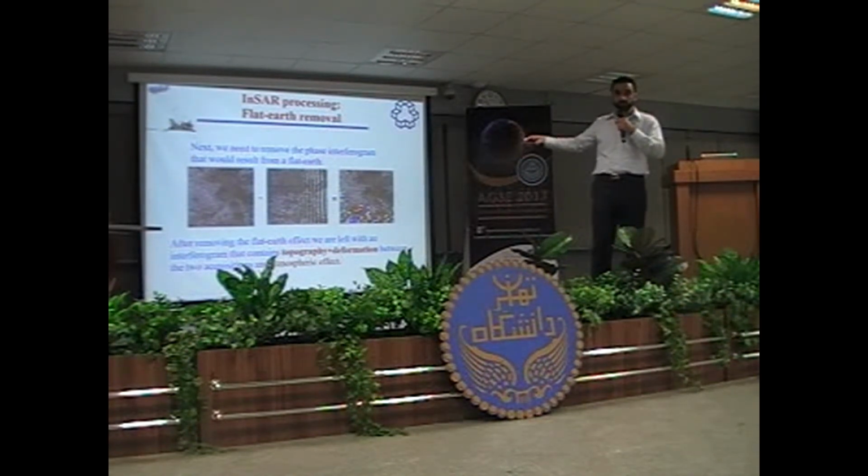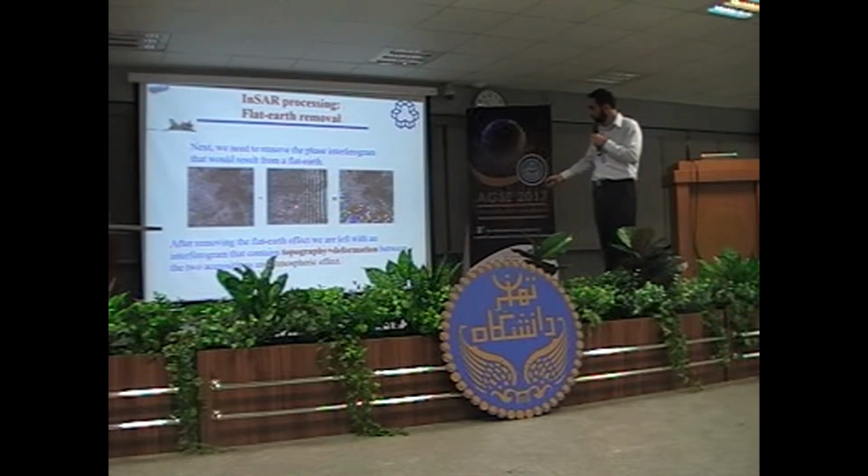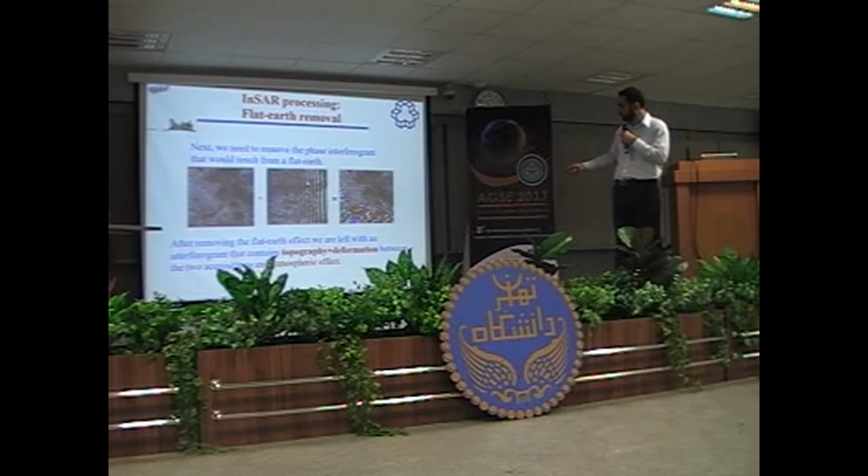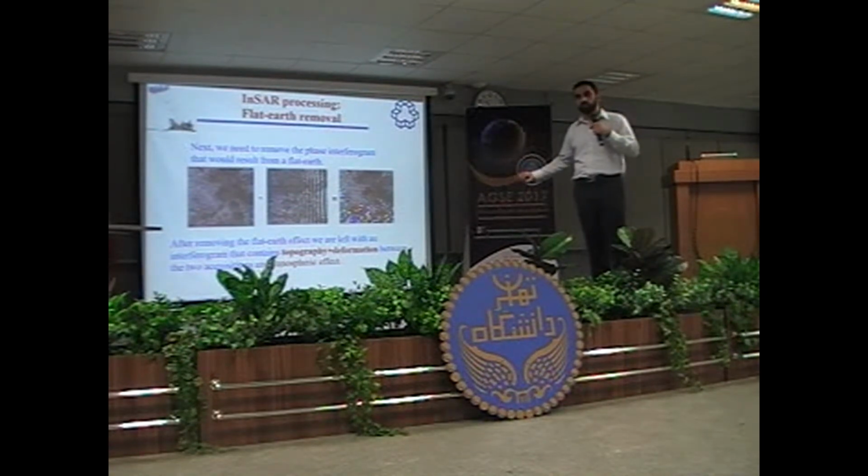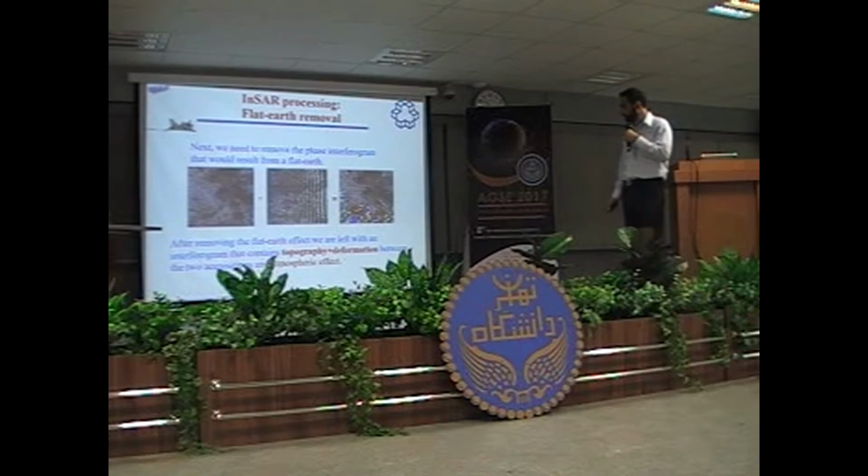But this is systematic, meaning this kind of phase difference can be removed from the interferogram. So the first step is to remove the flat earth phase from the interferometric phase. This is done by an easy calculation. We know all the parameters for calculating the flat earth phase, so it can be easily removed from the interferometric phase.